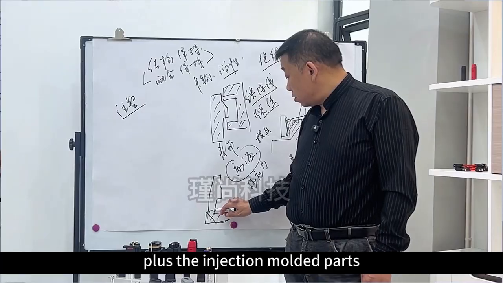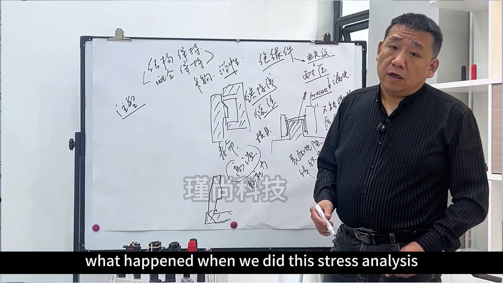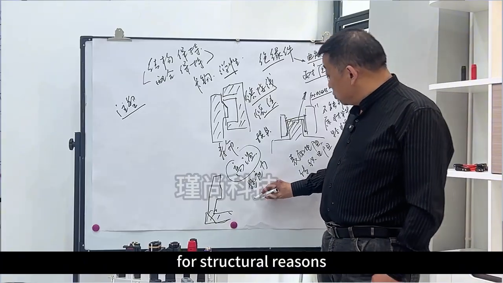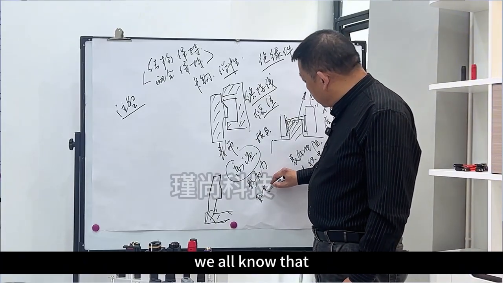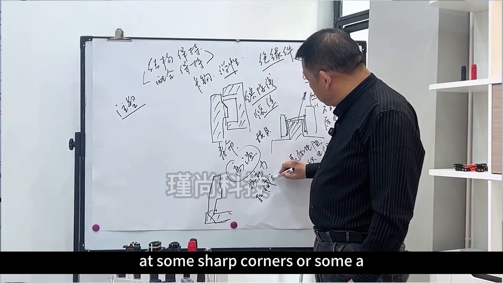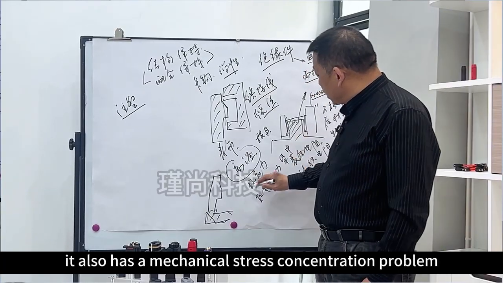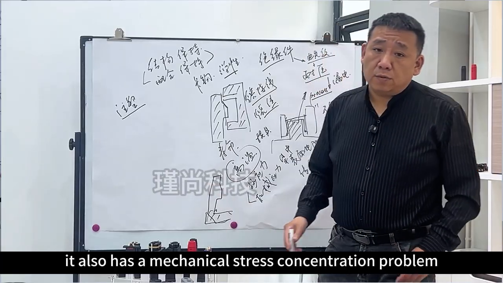Plus, what happened when we did this stress analysis for structural reasons? We all know that at some sharp corners or sharper structures, there is also a mechanical stress concentration problem.